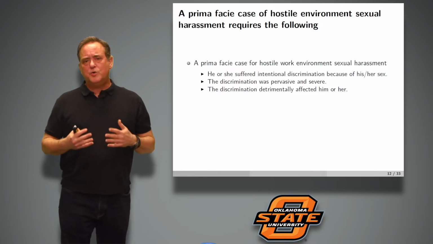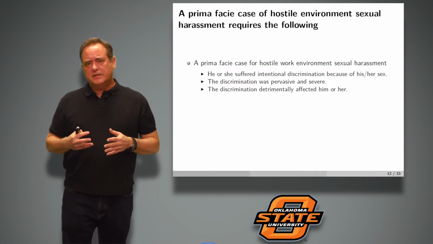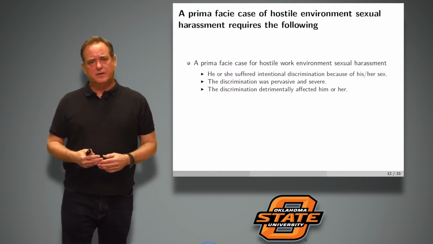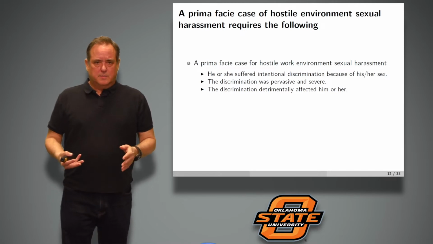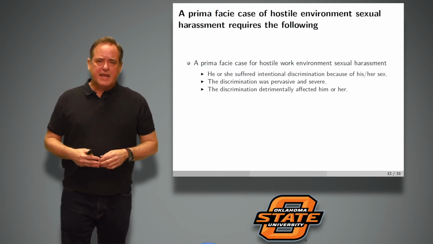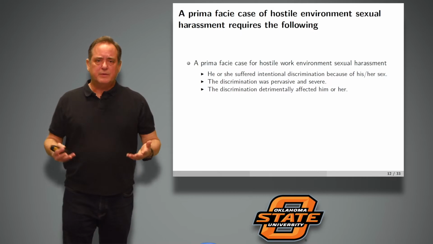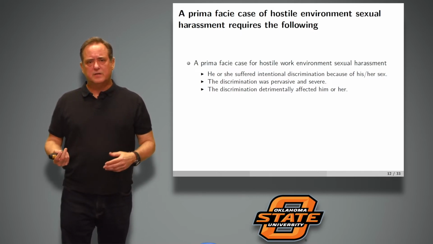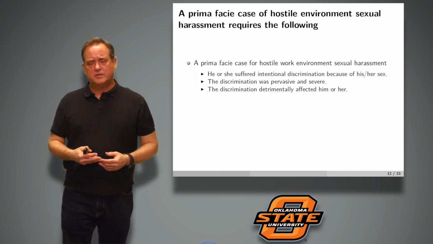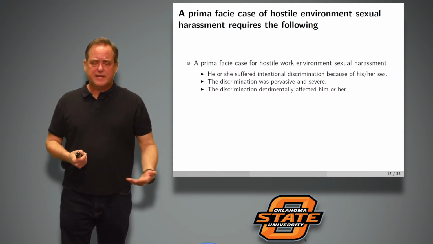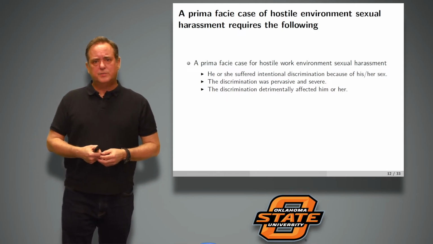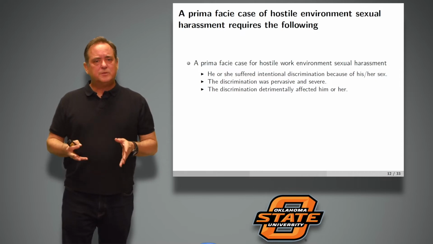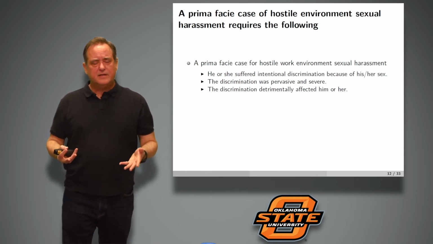You have to show that the discrimination detrimentally affected him or her. Meaning there must be some damage. Now, historically we looked at economic injury, that there was some sort of economic injury suffered. But the very first sexual harassment case that went to the Supreme Court said the detriment can be other than economic injury.